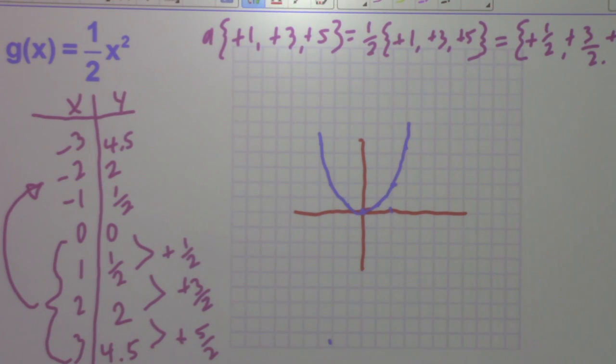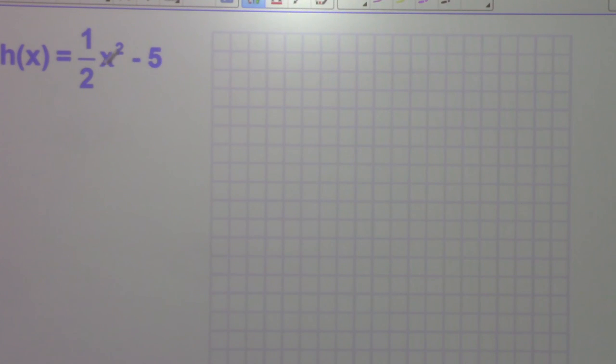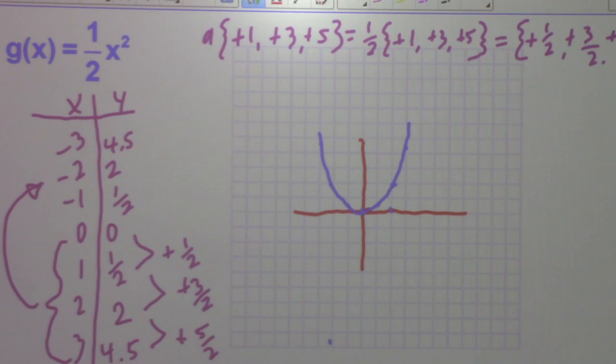Now I want you to look at this one here, 1/2 x squared minus 5. What does this one do here? Translate 5 units to the right. Pardon me? Yeah, and so what it does, you're actually taking this one right here, and you're translating what? Down 5 units. Now 1, 2, 3, 4, 5.